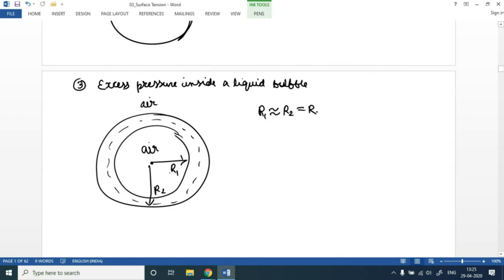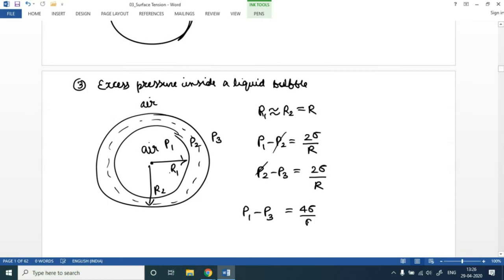Now you see, let's say this is P1, this is P2 and this is P3. First of all, you should realize that P1 minus P2 would be nothing but 2 sigma by R1, which is nearly R. And P2 minus P3 will also be 2 sigma by R2, which is also approximately 2 sigma by R. When you add these two equations, P1 minus P3, or the inside pressure minus outside pressure, or excess pressure inside a liquid bubble, is 4 sigma by R. So that is the excess pressure inside a liquid bubble.